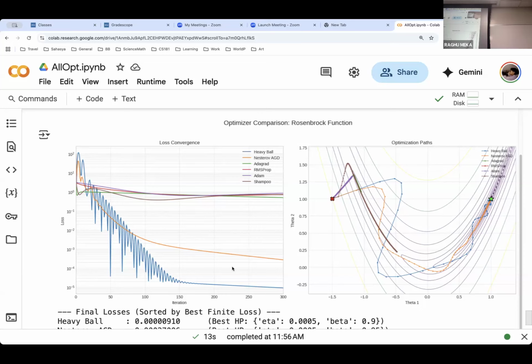I didn't describe it, but I plotted it here. I wrote down the algorithm, but I didn't call it by its name, which is RMSprop. And yeah, these three are kind of struggling for this particular function. It is still convex, but it's much crazier. Whereas Nesterov is doing very well. Heavy Ball is doing much better. And even Shampoo is only slightly better than these. Okay, yeah.